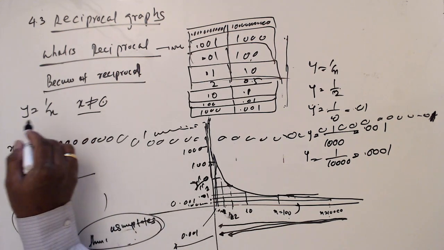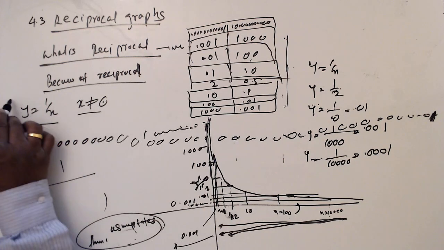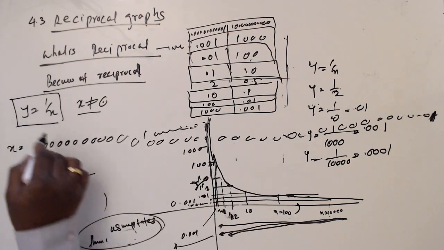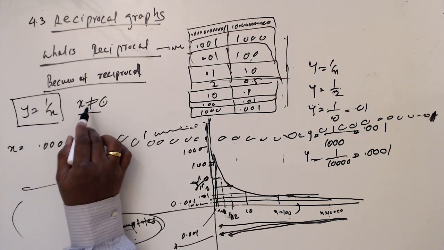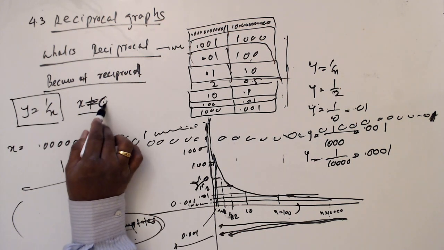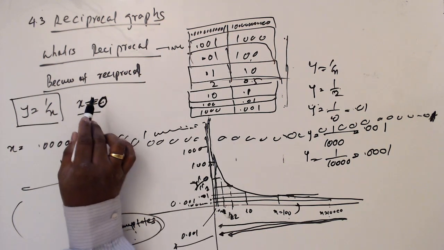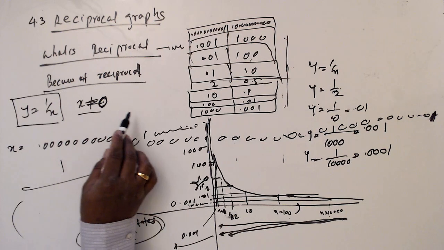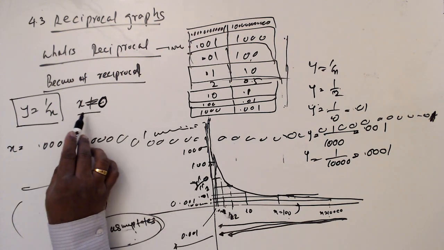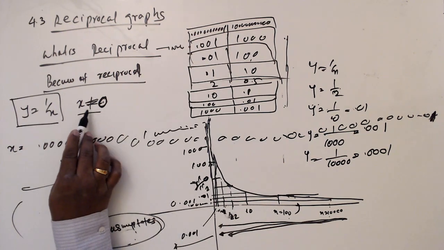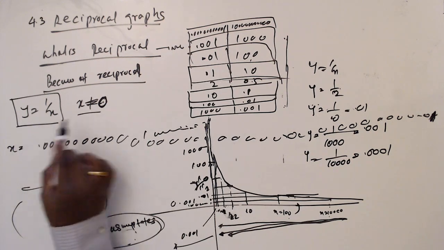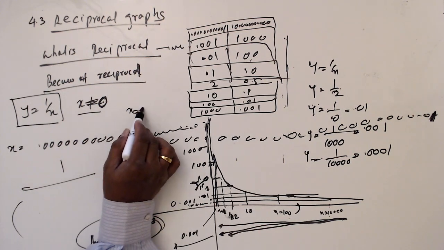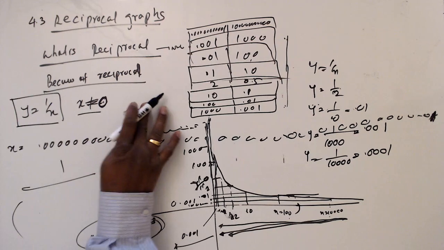That's why when we write a reciprocal function like y equals 1 over x, we say that x is not equal to 0. Why? Because you will never ever reach the x equals 0 line.